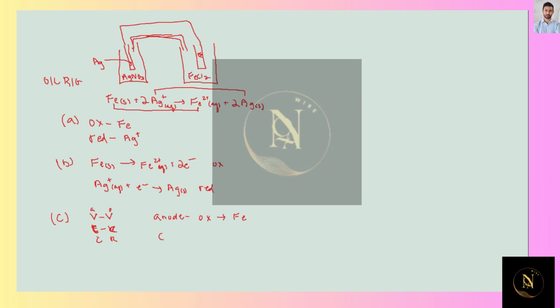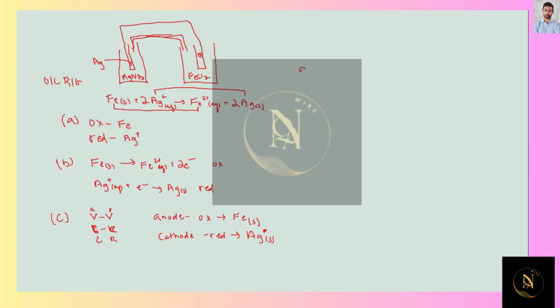The cathode is where the reduction is occurring, with the silver strip and the silver ions being reduced. The solid silver strip acts as the cathode, and the solid iron strip acts as the anode.